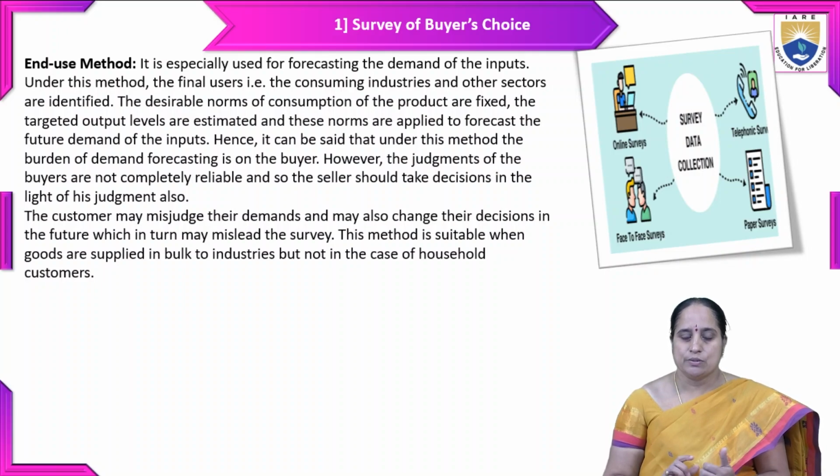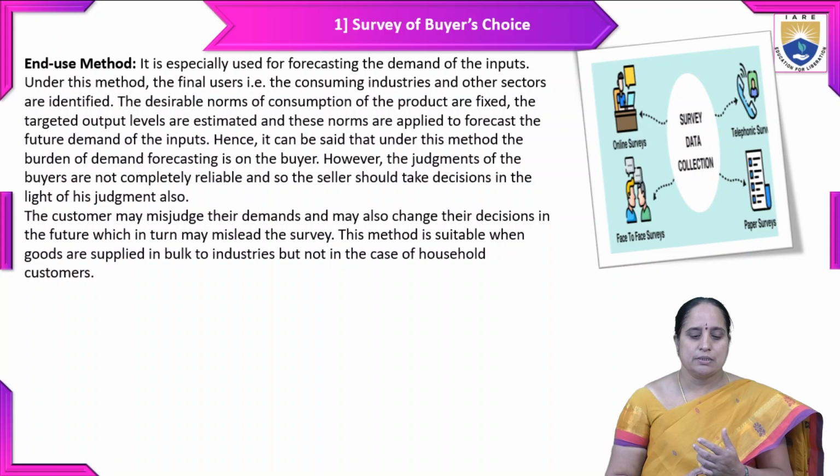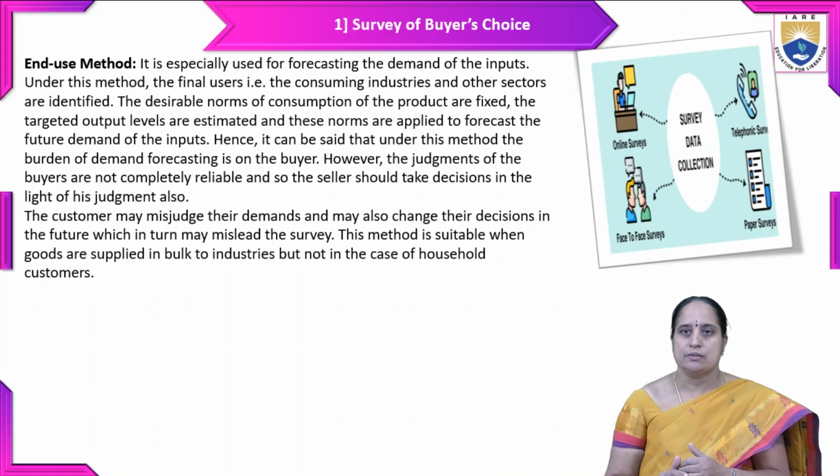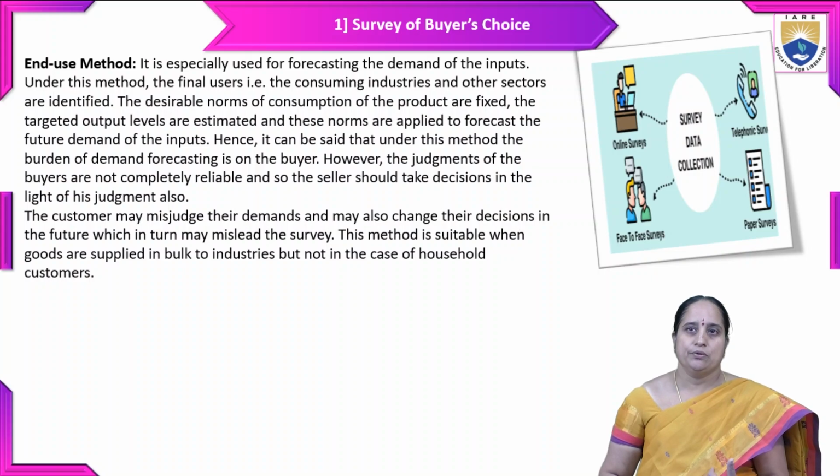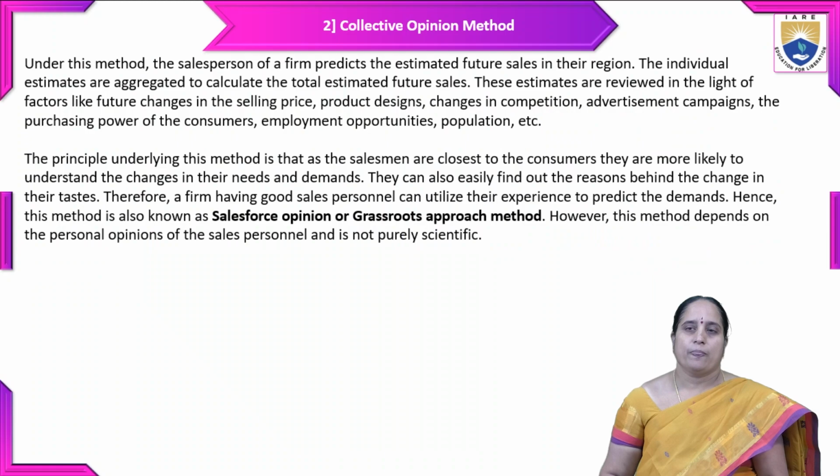This method is suitable when goods are supplied in bulk to industries but not in the case of household customers. If you are going to supply goods to the industry, then this is one of the most appropriate methods for companies.